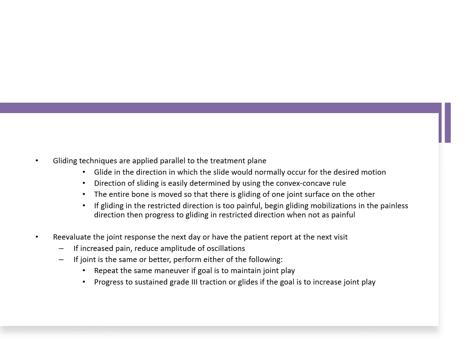The entire bone is moved so that there is gliding of one joint surface on the other. If gliding is restricted, the direction is also painful. Begin gliding mobilizations in the painless direction, then progress to gliding in the restricted direction, which is not painful.